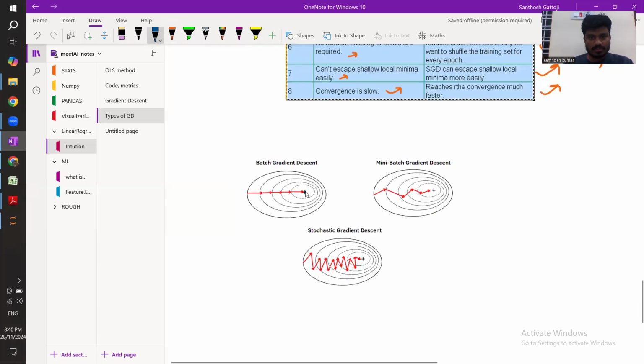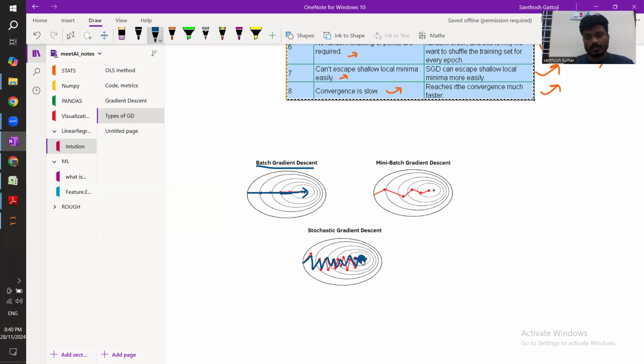If this is the optimal solution, batch will always be moving towards that direction, every update towards it, as I discussed. But stochastic, due to its random nature, you cannot always say; from here it can go here, again it can go down. There will be some randomness in reaching the final solution.